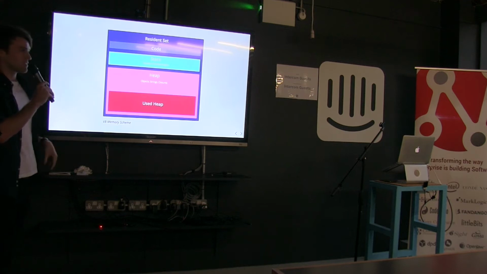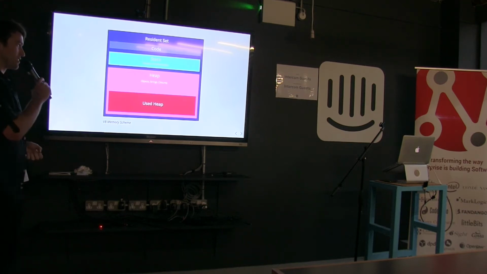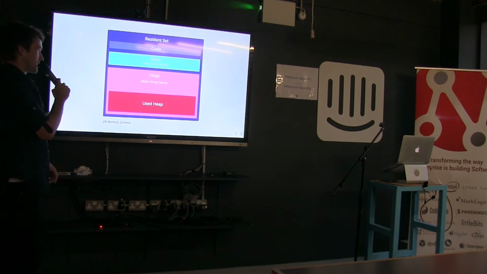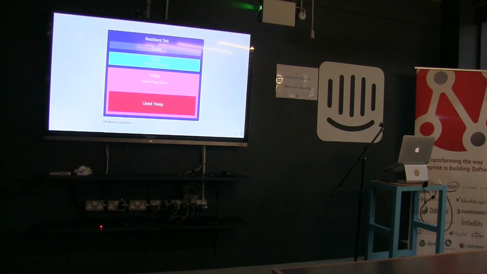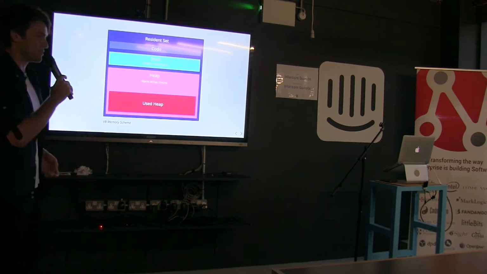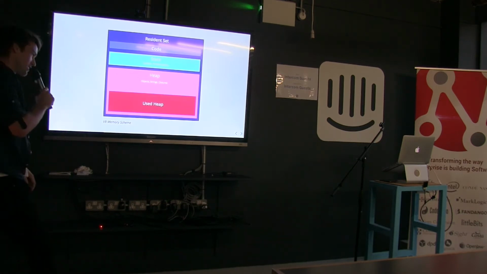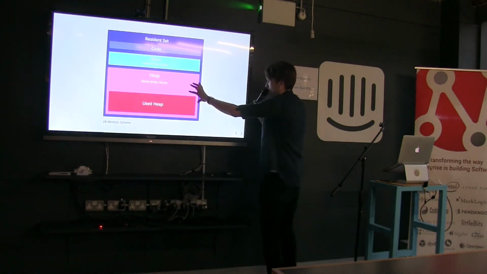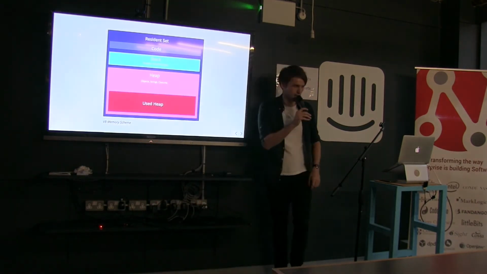The stack contains primitive types like booleans and integers, and pointers to the objects that are in the heap. It's also got the execution stack. And then the heap, which is the part we're most interested in today, because that's where you find memory leaks. The heap contains objects, strings, closures, and that kind of thing. So you've got some space allocated, and then you've got the actual space that's being used at any given time.